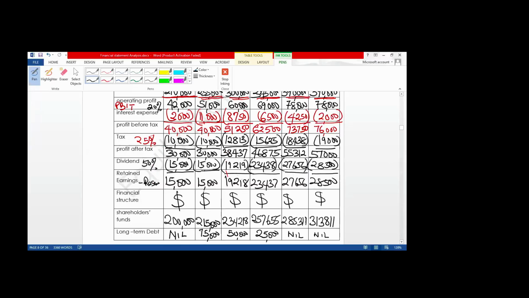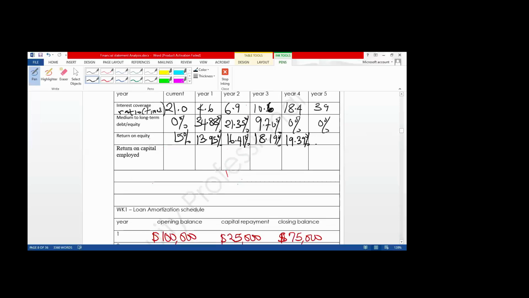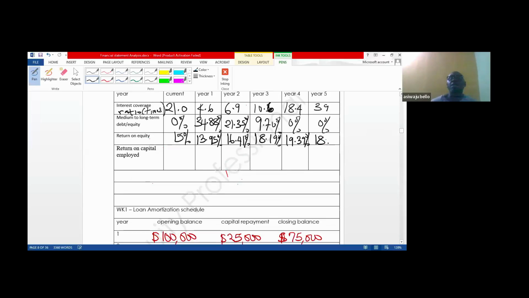That is 18.16%. You have computed your return on equity. This is 1, 2, 3, 4. Return on capital employed.